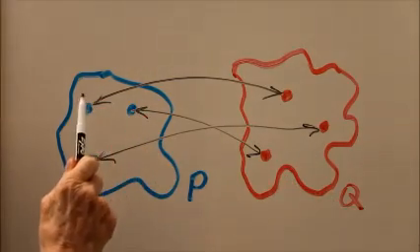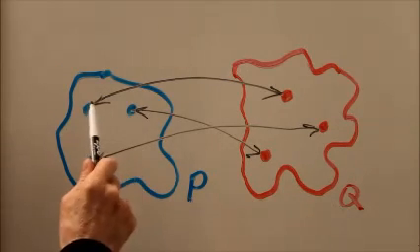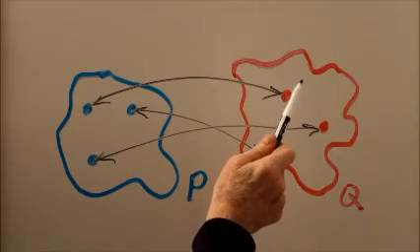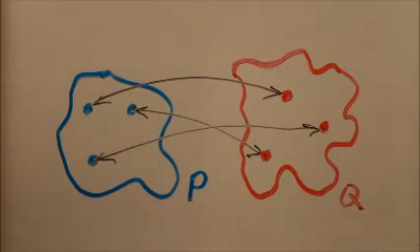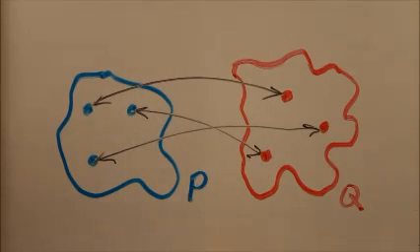That is to say, in this particular case, we call the sets P and Q. For every element in set P, the mapping assigns exactly one element in set Q. And for every element in set Q, the mapping assigns exactly one element in set P.